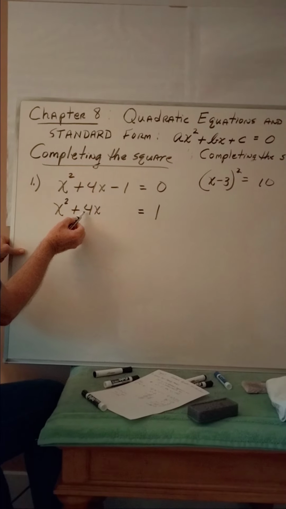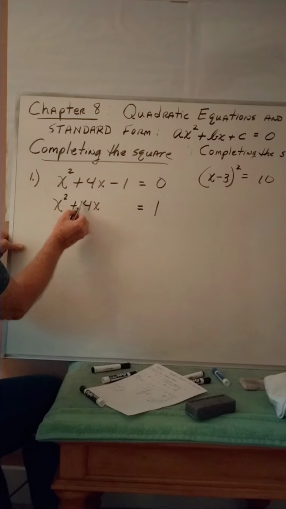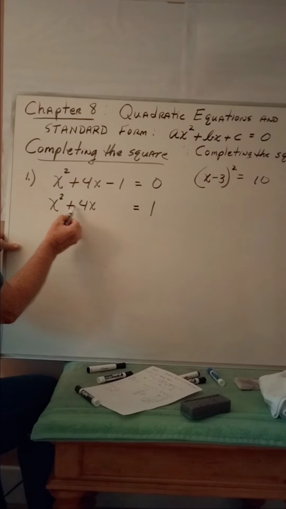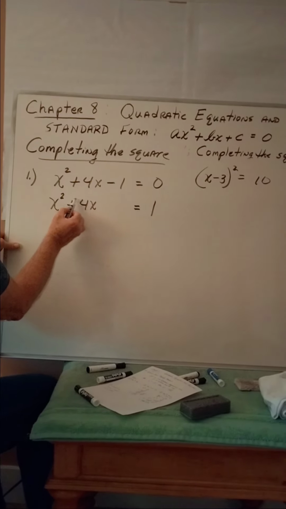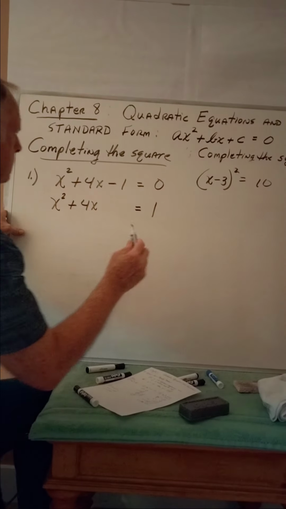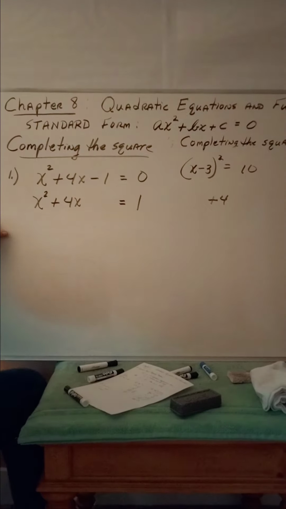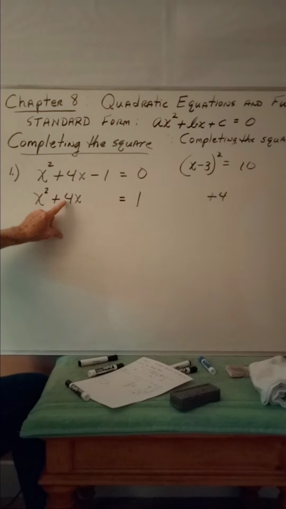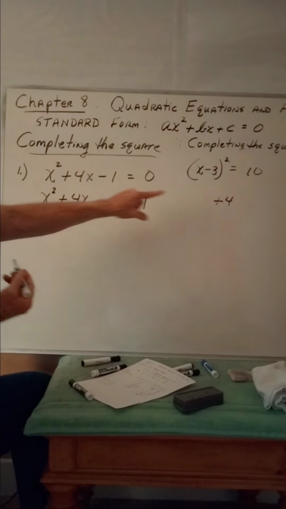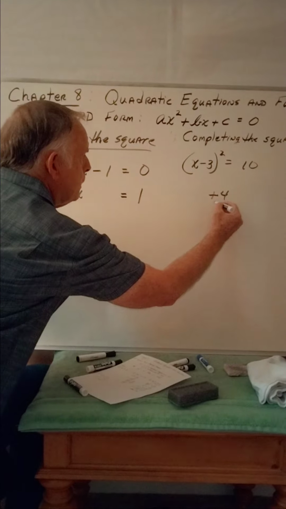You take the coefficient of the linear term, of the x term. You take the coefficient and kind of pull it off to the side. You then take that coefficient of that linear term, which you kind of pulled off, and you divide it by 2, or you take half of it.